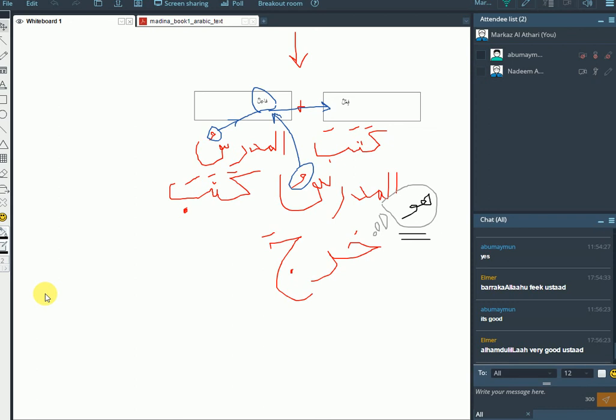Interestingly, the three verbs that I gave you today, kataba in the first example, kataba in the second example, and kharaja in the third example, all of them finish with fatha. They all have three letters and finish with fatha, and that is because these words are madi.